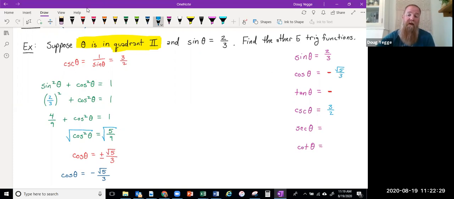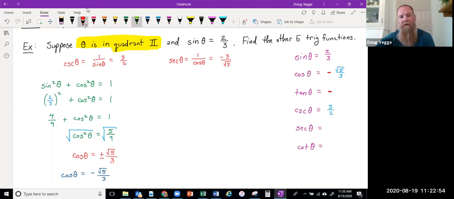Now that we know cosine of theta, just keep in mind that we could find the reciprocal pretty easily, right? We could see that the secant of theta is equal to the reciprocal of cosine theta, which means that it's simply -3/√5.